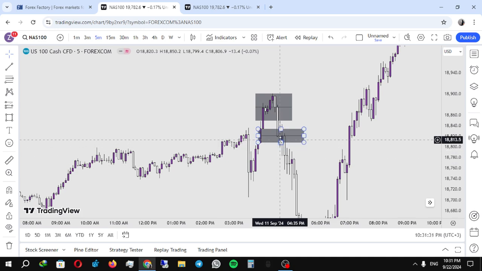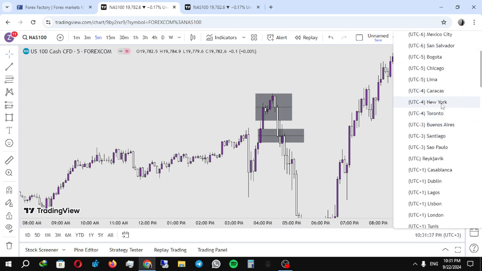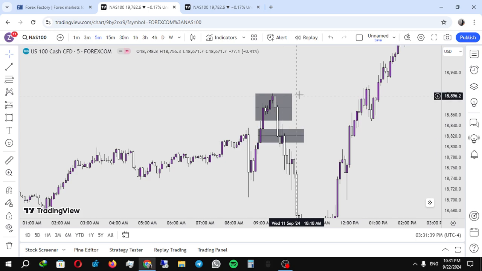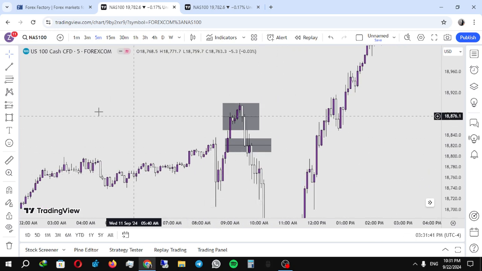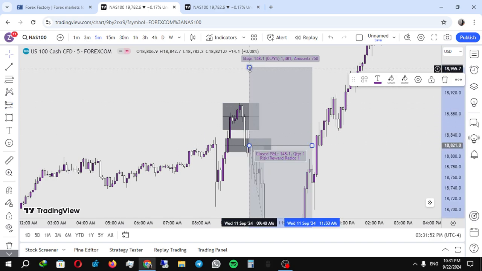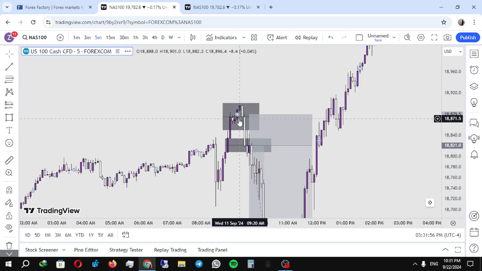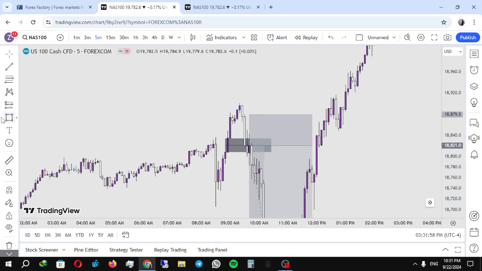We wait for the close of 9:35. Sorry, my bad, 9:35. That's your entry. So your entry would be right here, and your stop would be right at the top of that I fair value gap.